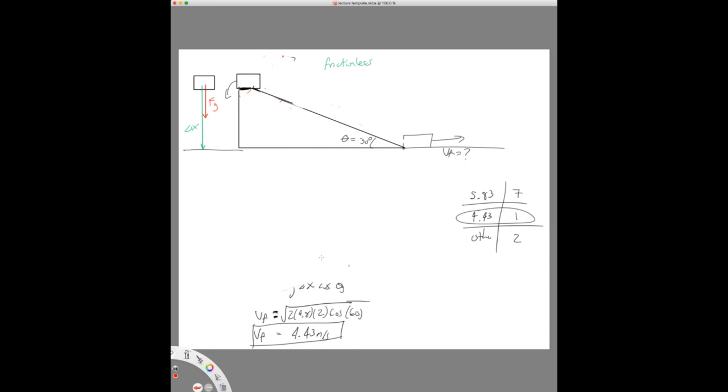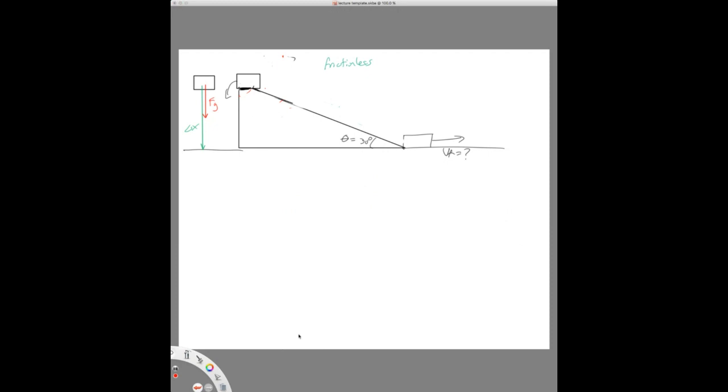Let's get rid of all of this stuff. And I want to do the same exact problem, but in this different scenario. Before I do that, I want to give you a little poll, and I want you to think about this for about a minute. I want you to think whether the final velocity we get in this scenario is going to be bigger or smaller or the same as the final velocity we got in the last.